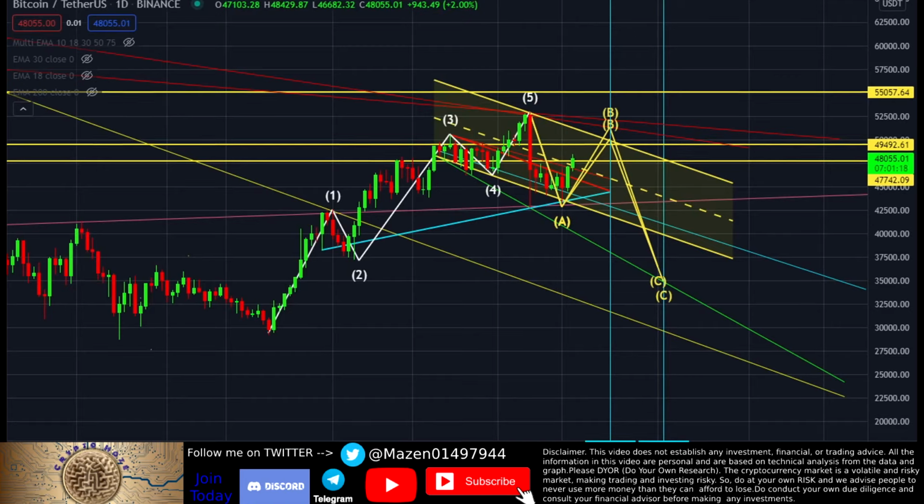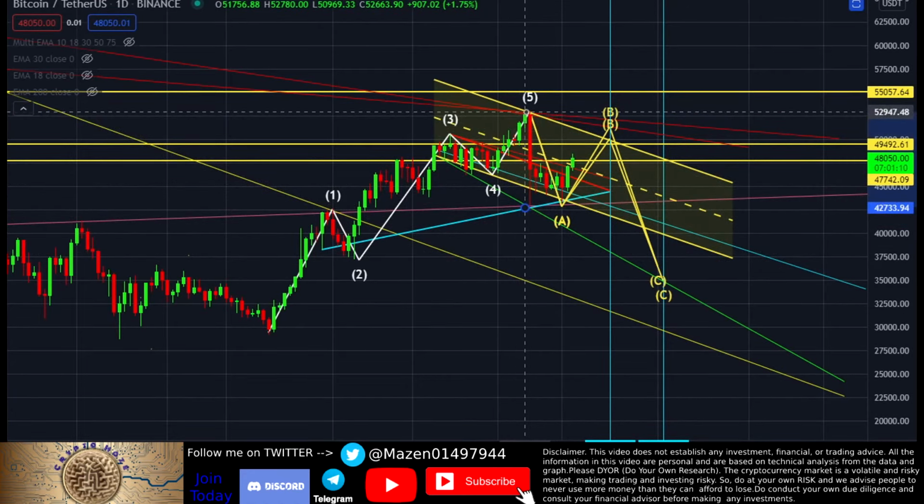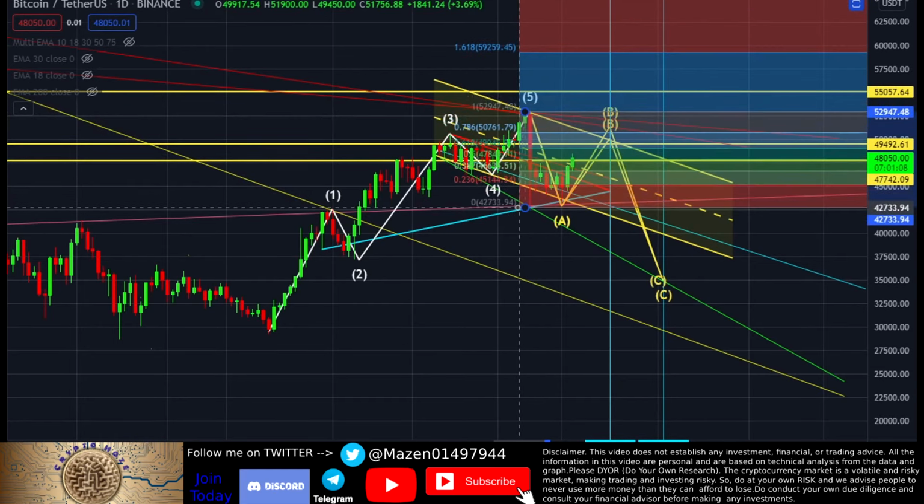And you can see, I will show you how I measured these targets that you see on the screen. So again, use your extension, bottom of wave A, top of wave A like this, and then drop your fib down, and you can see my fib ratios right here.